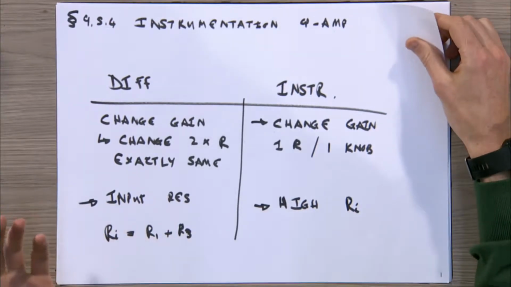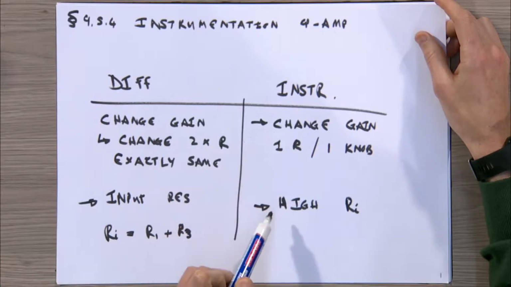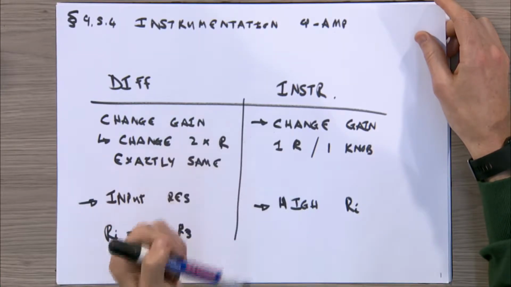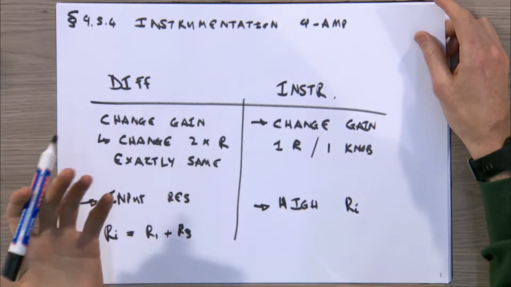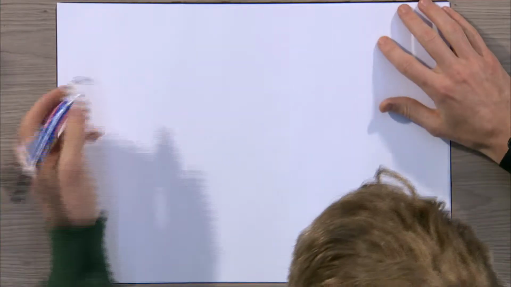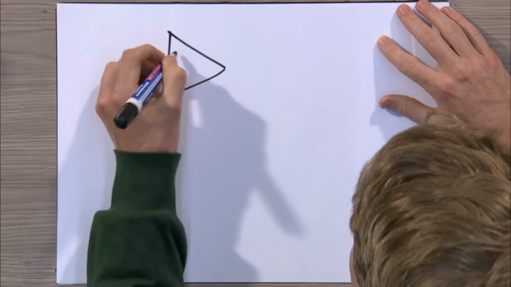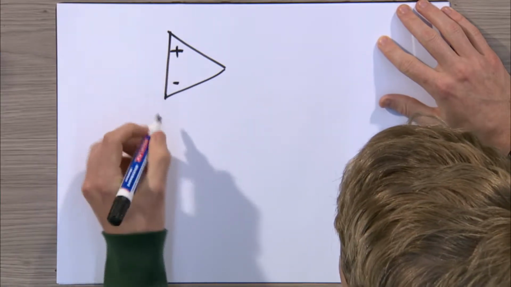Obviously, it's a more complicated solution because we want more degrees of freedom and a higher gain, so we want more from the circuit, and therefore we need to build a more complicated circuit. So, the instrumentation amplifier uses three operational amplifiers.